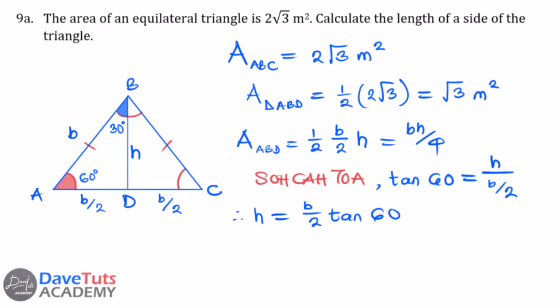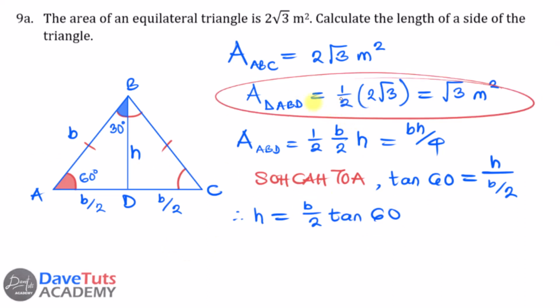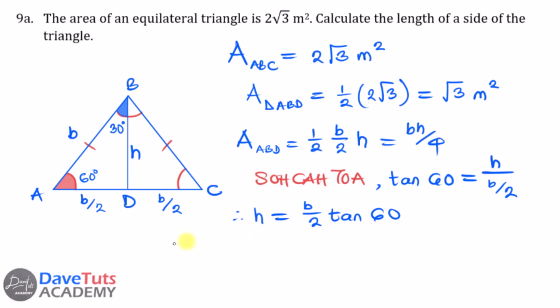So this particular area that I have here, I can express it as this now. The area of half of that triangle, triangle ABD, is going to give me something like this. I got it initially as root 3 is equal to bh over 4.